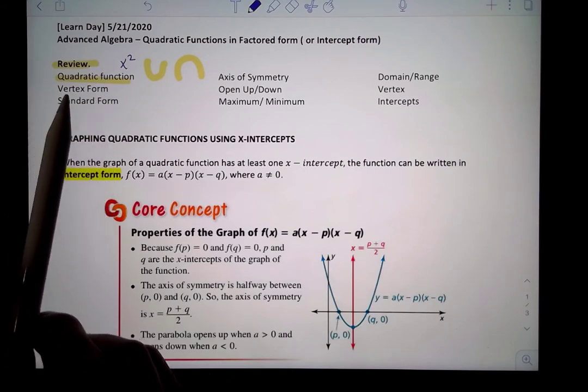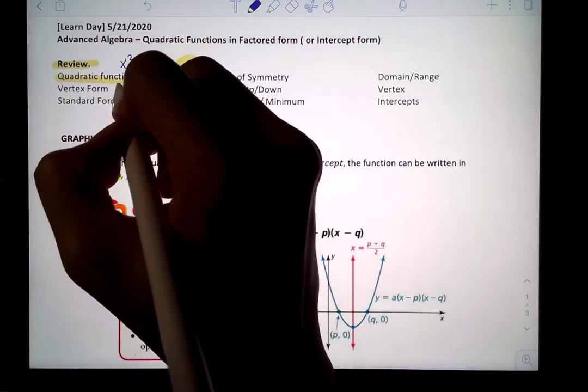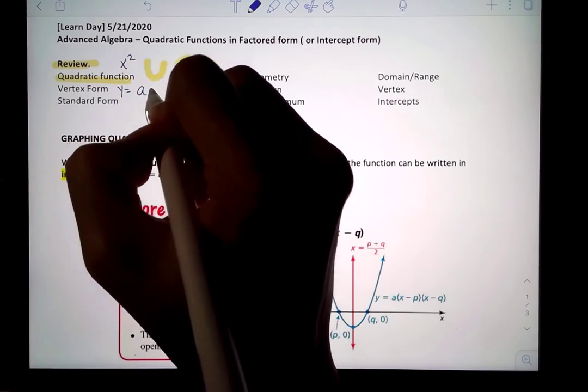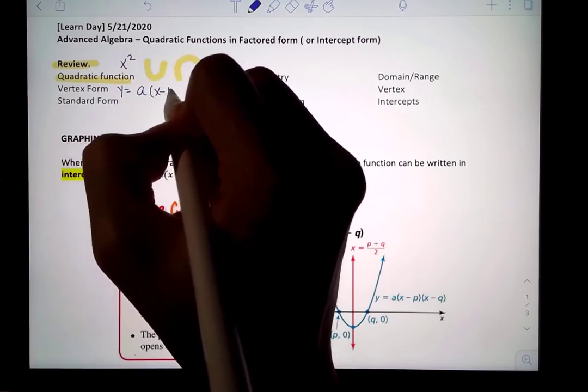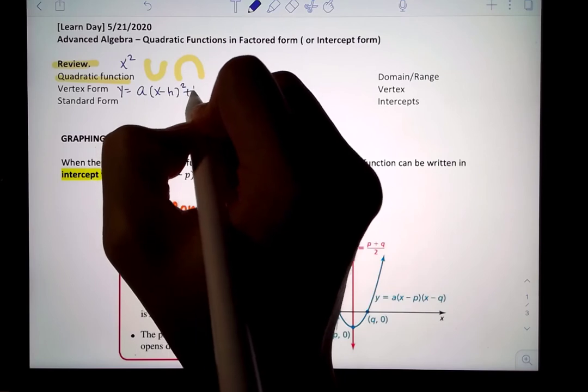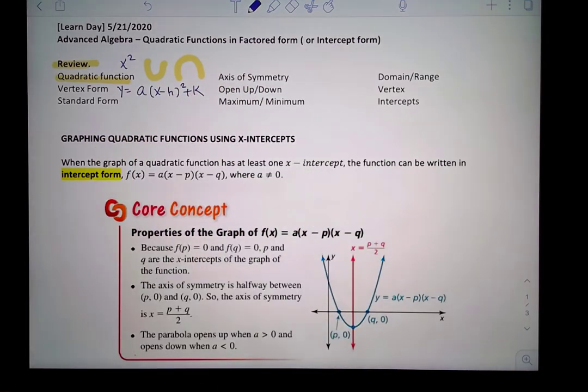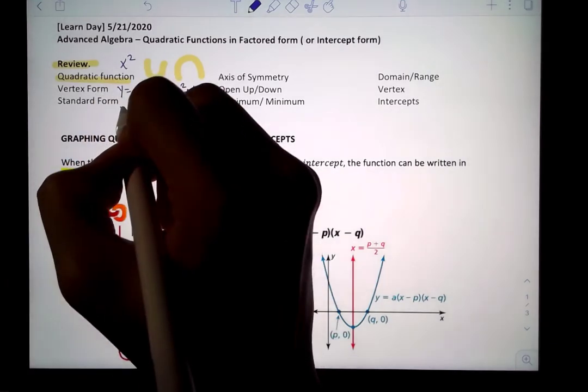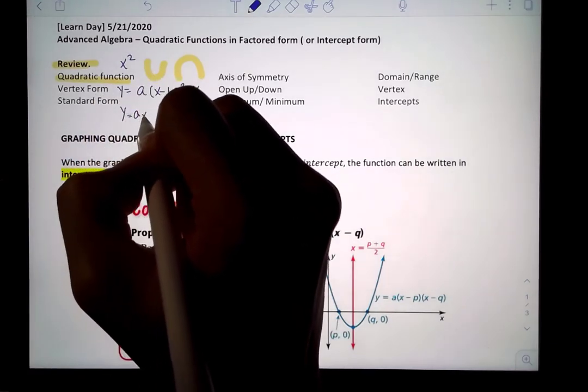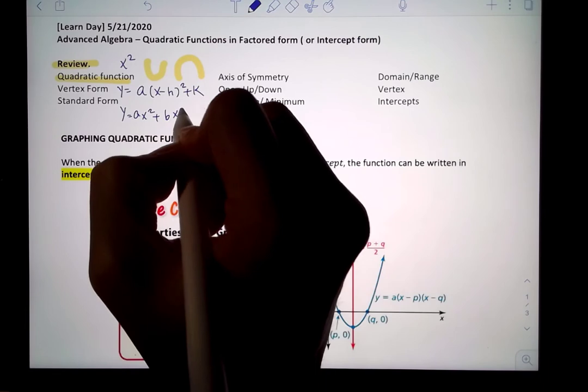And vertex form, that looks like this. That was your vertex form. And standard form is ax squared plus bx plus c.